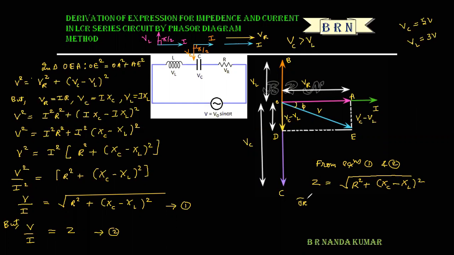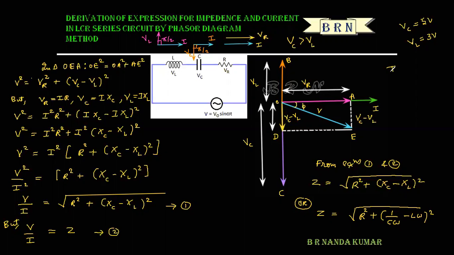Or Z is equal to the square root of R squared plus, XL is L omega, XC is 1 divided by C omega, and XL is L omega, right? So this is the mathematical expression for the impedance.